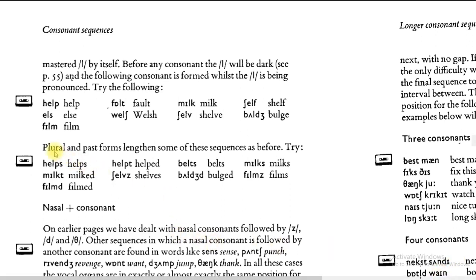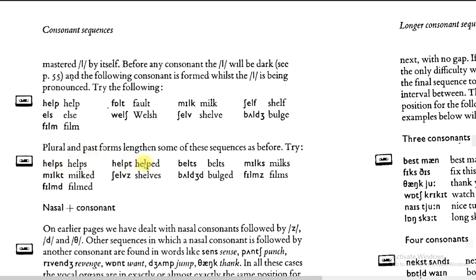By the addition of the S plural and the addition of ED past form, you can lengthen the sequences. As this information keeps being repeated, if you want to lengthen the sequence, you can add S plural or ED past form. For example, help, we have two consonant sequences. By the addition of S, you can have 3 consonant sequences.